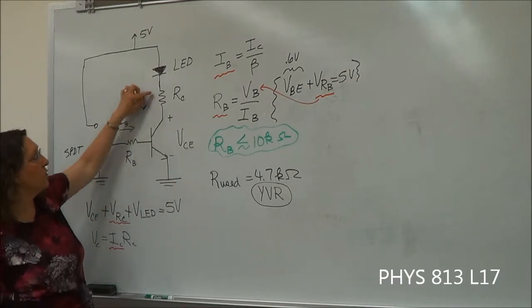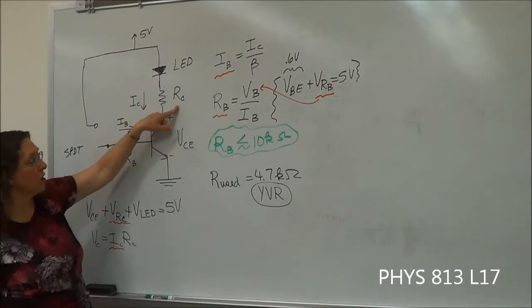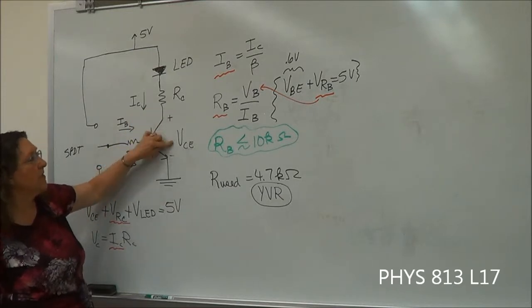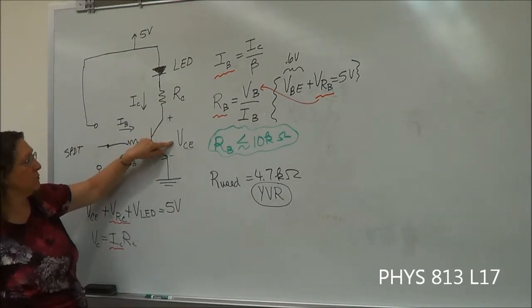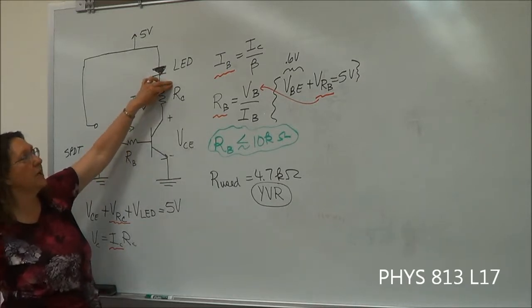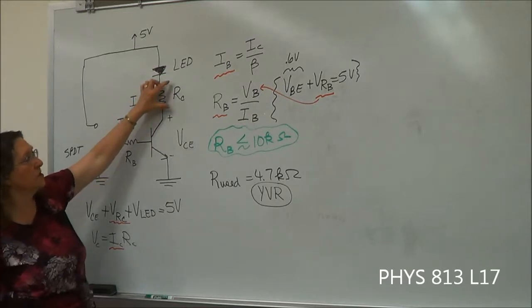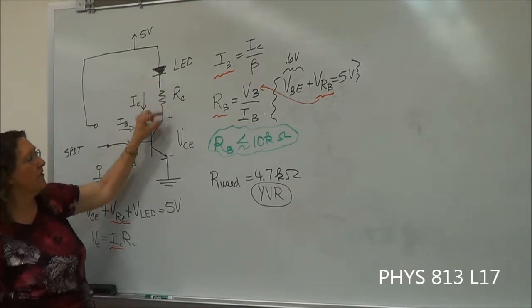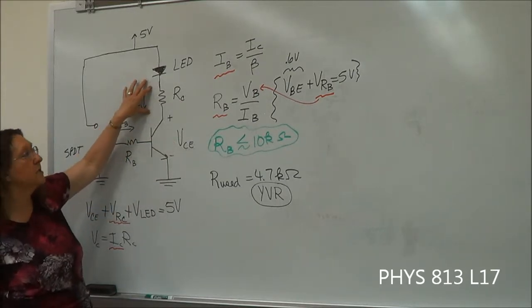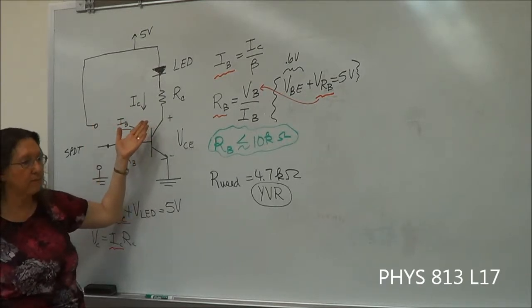If you have a large current here, you're going to have a large voltage here, and that's going to mean that this is a very small voltage, because this plus this is going to be around 3 volts. So if your current here is such that this is almost 3, then this is very small. And that means that this is a large current, and this is in saturation.